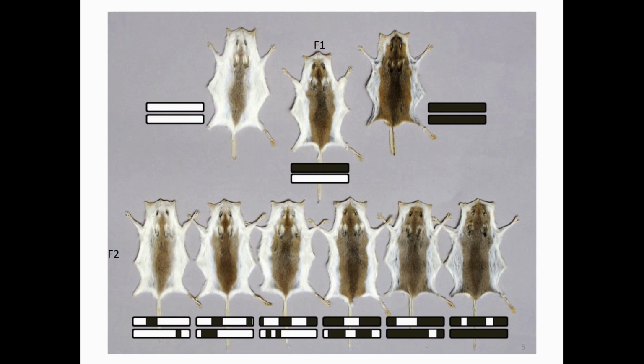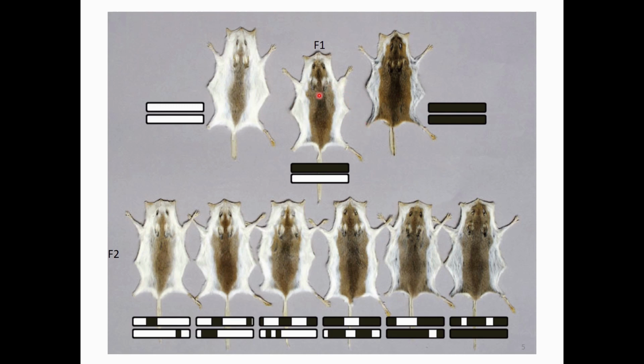So let's consider the original parents, one with dark color coat, the other one with a really light color coat, and imagining that these are coming from pure breeds, so they have the same type of alleles in their homologous chromosomes, and when they mate, they generate the first generation called F1, which inherits half of the genetic information from the dark-coated parent and the other half from the light-coated parent, and its phenotype is intermediate, as you see, between the light and the dark.